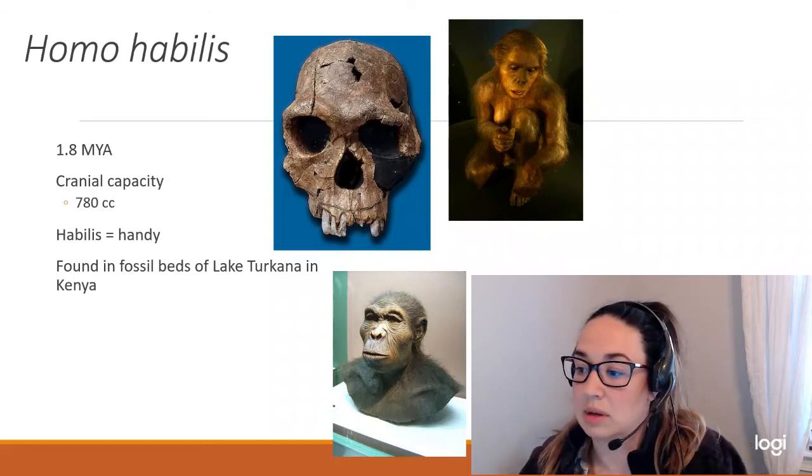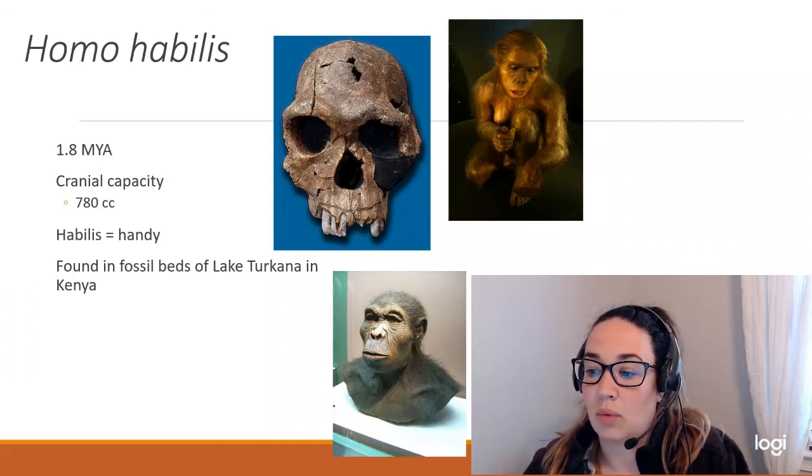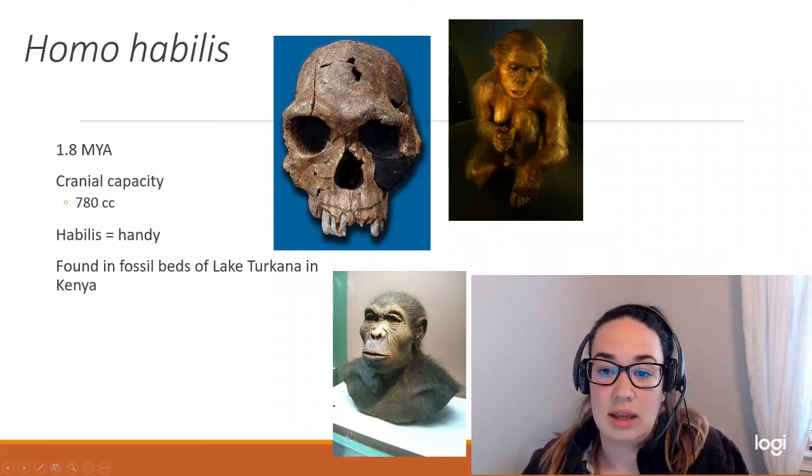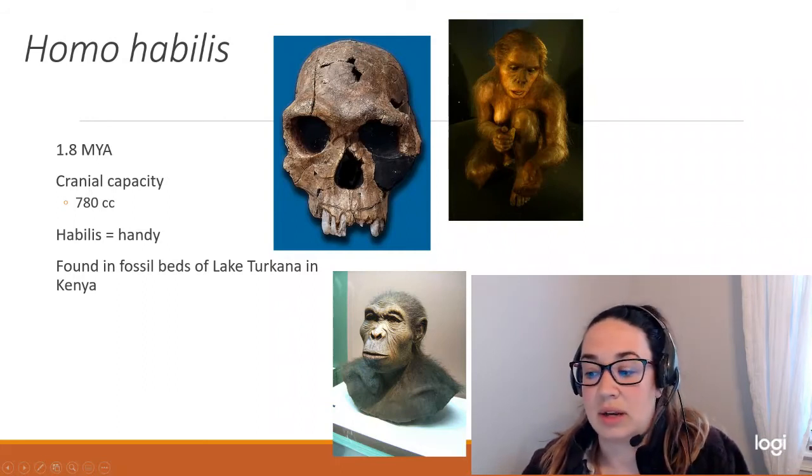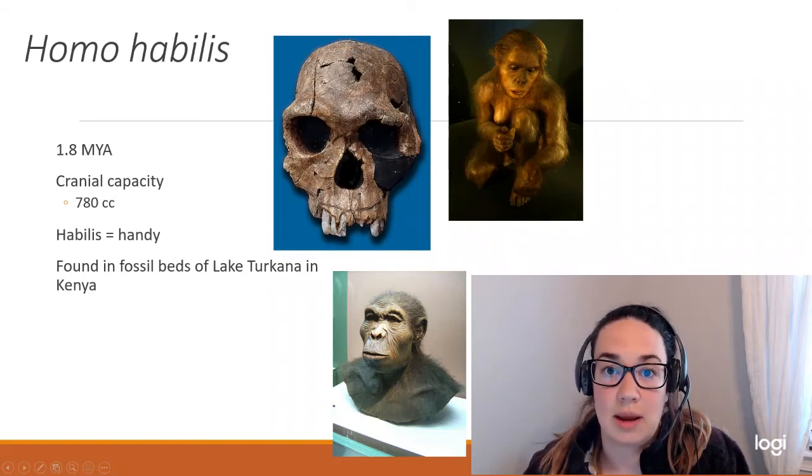I've just included some cool images of what they possibly could have looked like based on their skull. And this just gives you an idea of how we're taking shape over time.